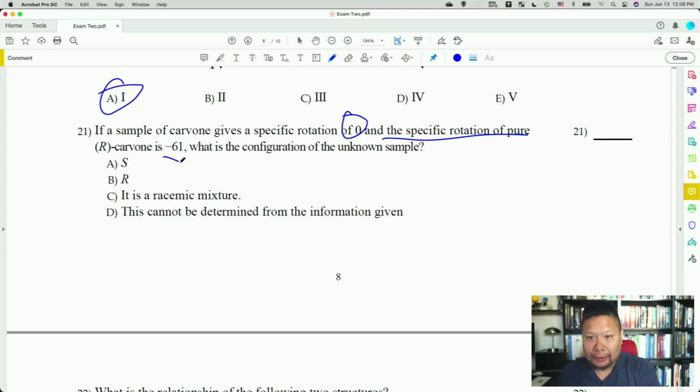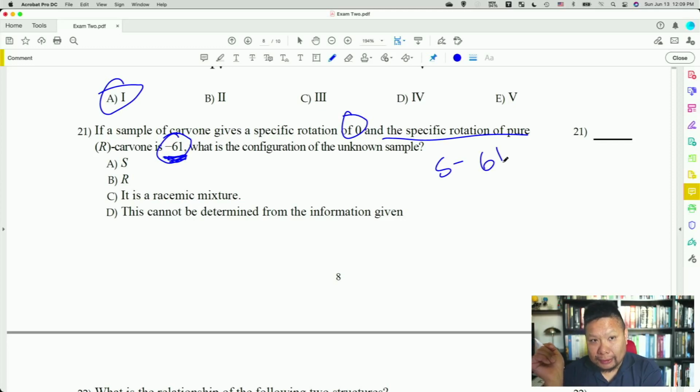Well, remember that in an optically active compound, the R version will make it go some number of degrees one way, either positive or negative, and then the S version will make it go some number of degrees the opposite direction, but it will always be the same number of degrees. So in the case of carvone, the R goes negative 61 degrees. The S version goes 61 degrees from 0.